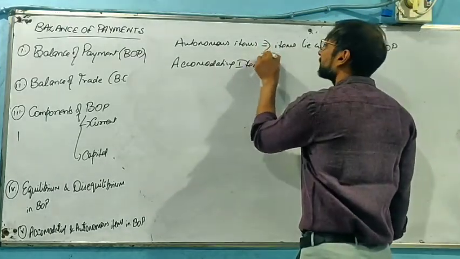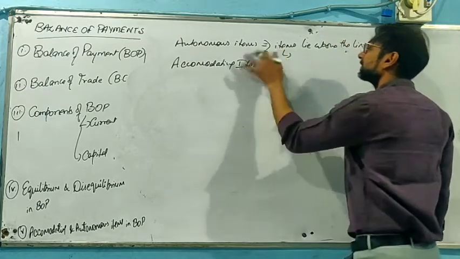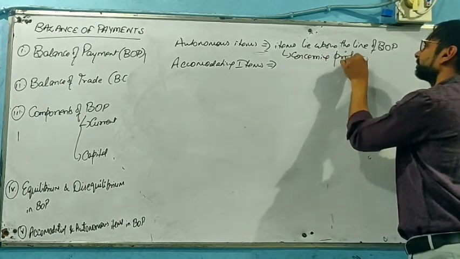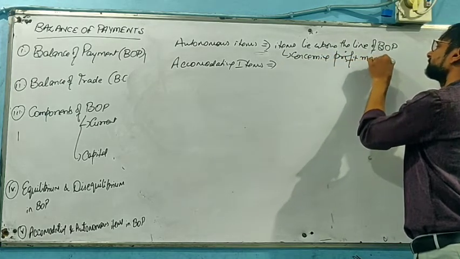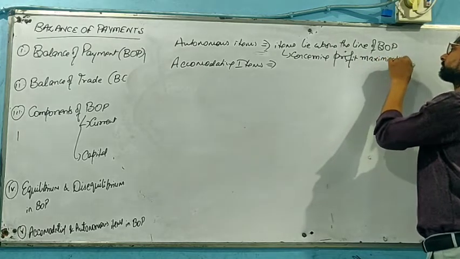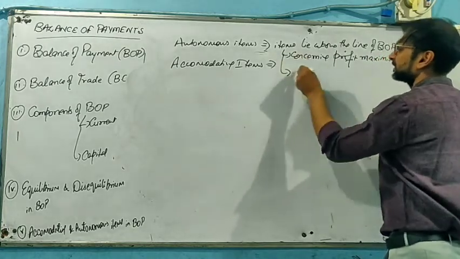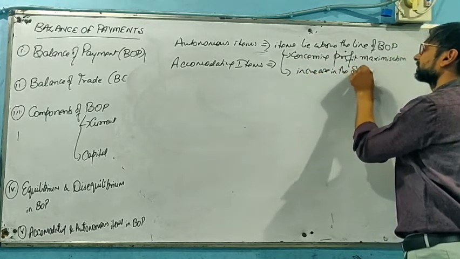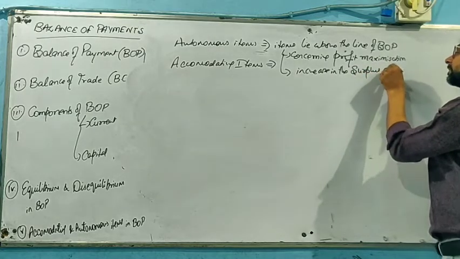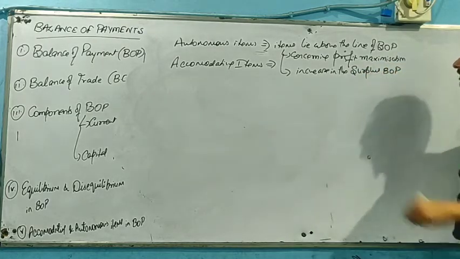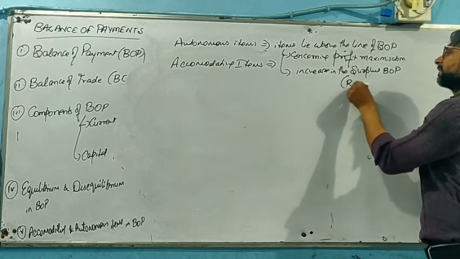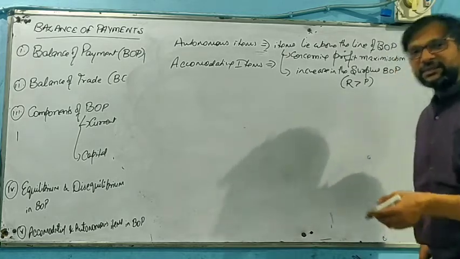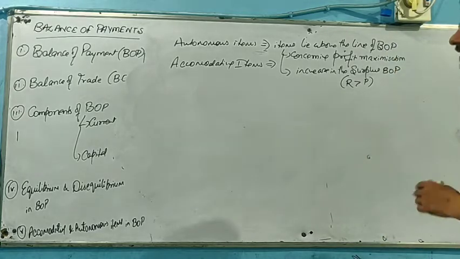It means items concerning profit maximization, items concerning increase in the surplus balance of payment. Surplus means when receipts are more than payment, as we have seen, right? And deficit means when receipts are less than payment.